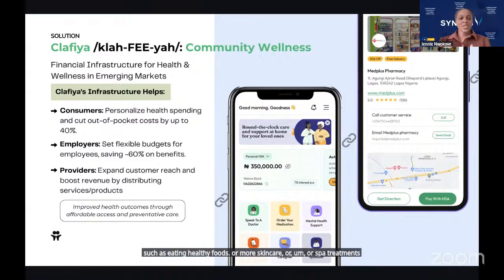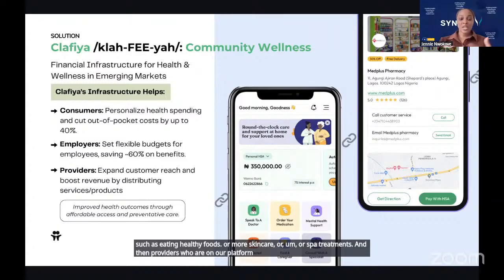And then providers who are on our platform can expand their customer reach and boost revenue by distributing their services and products through our platform.